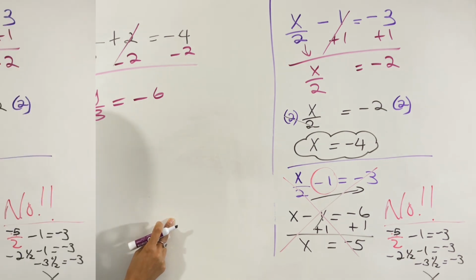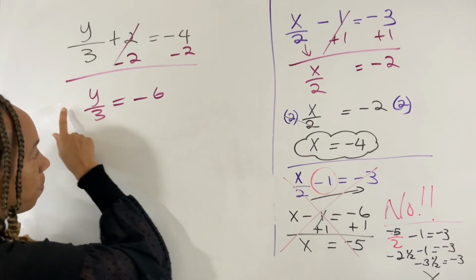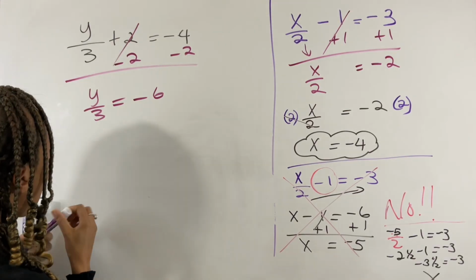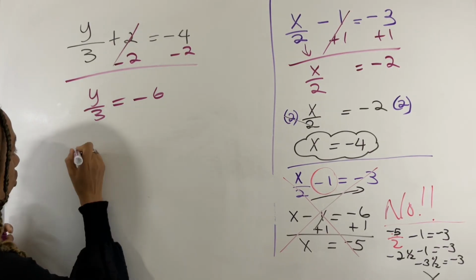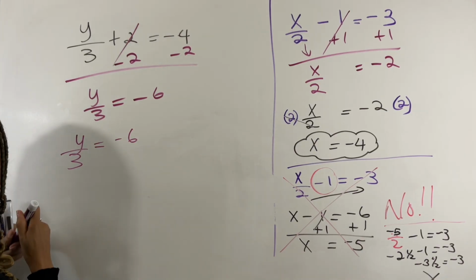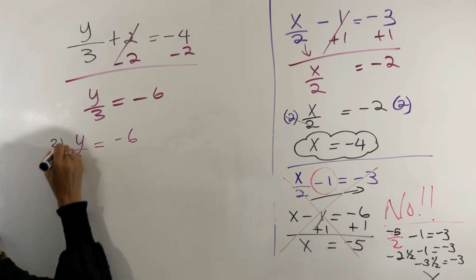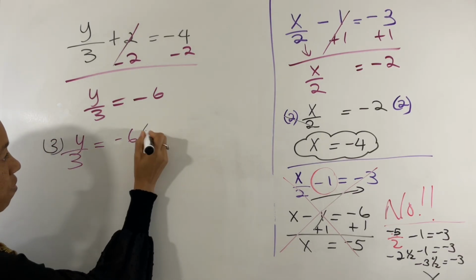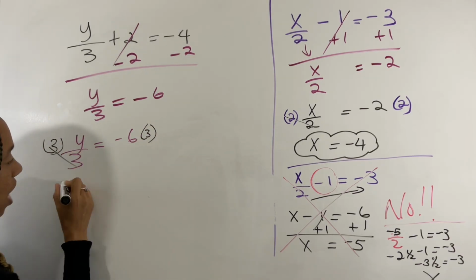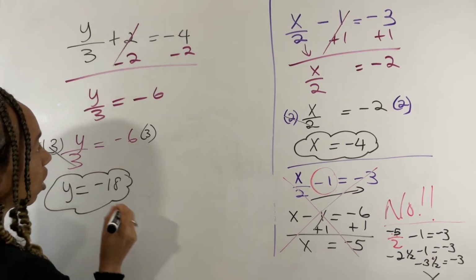No. Okay? You can simply treat this one of two ways, just like this example where you put the 3 beside there. And I'm going to do that for you. Rewrite y divided by 3 equal negative 6. And I'm going to throw in my 3 because it's doing division. So the inverse is multiplication. Cancel out. y equals negative 18. And that is your answer.